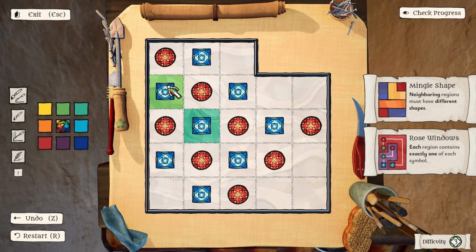This is also going to have to be a domino. And we do have mingle shape in effect. So it must do that. And this can't touch that or that. Whoops, nope.